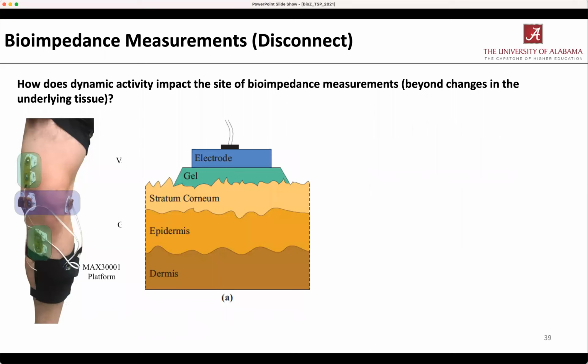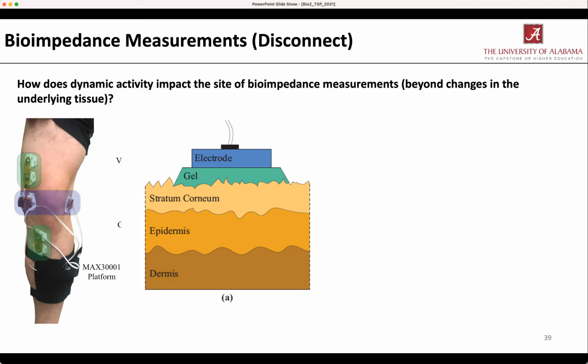Let's talk about other challenges that can happen. During movement and dynamic activity, what's happening to the mechanics and the connections of our system? We have the knee moving, so the electrodes on the body are going to be moving. If those electrodes are integrated into a brace or a textile, they can be pulled away from the surface.